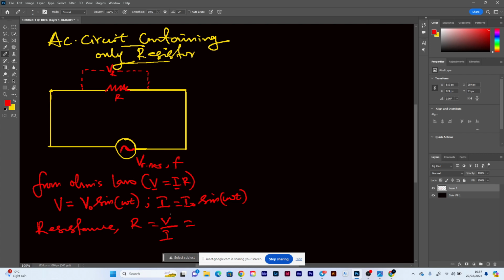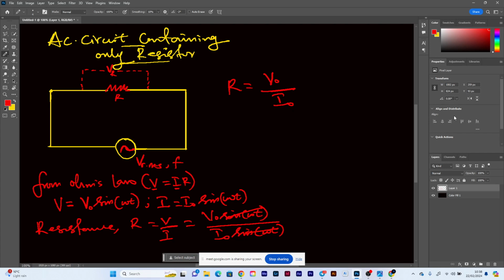That will give us V naught sine omega t divided by I naught sine omega t. So sine omega t will cancel sine omega t, right? Then this resistance is given as peak voltage over peak current. I hope you understand this now.